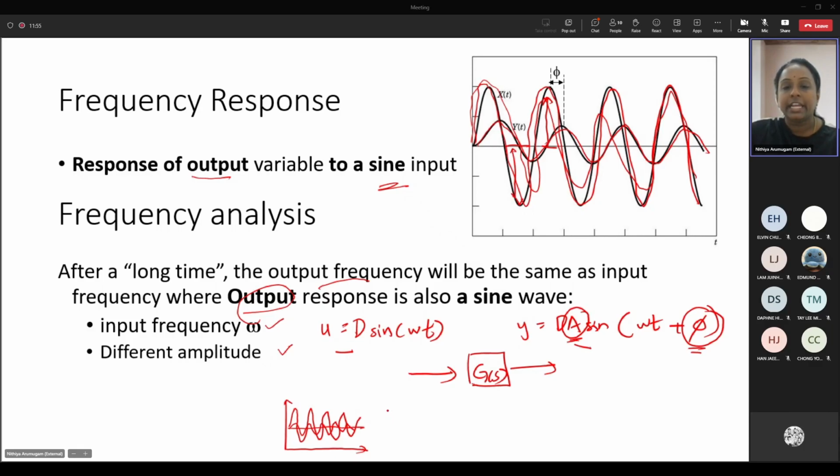All right, and the gain of the amplitude, we call that A of W, is the ratio of output over input amplitude. Okay, and the phase, or we call that the argument, is the phase difference between two signals.